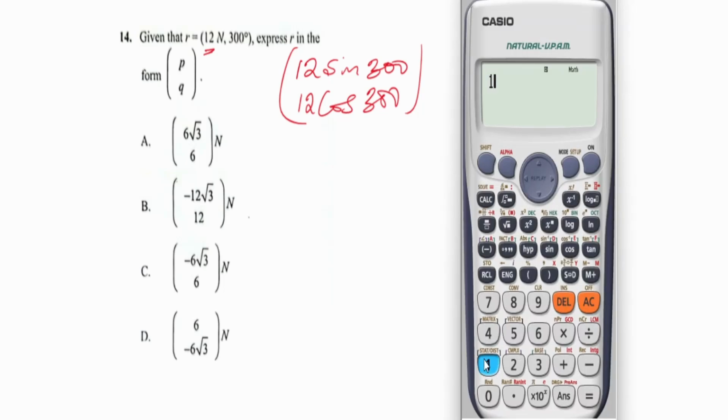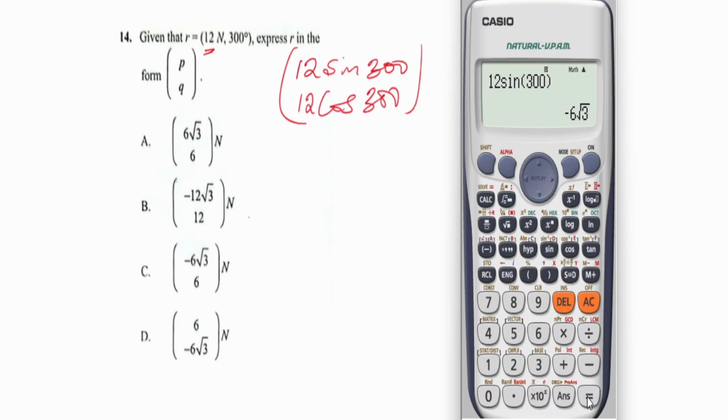So let's do that. 12, which is this one, sine 300, as the x coordinate or the P, and then the y coordinate will be 12 cos 300, and then this gives us what we're looking for. So let's get onto the calculator quickly. We have 12 sine 300, and that gives us negative 6 root 3.